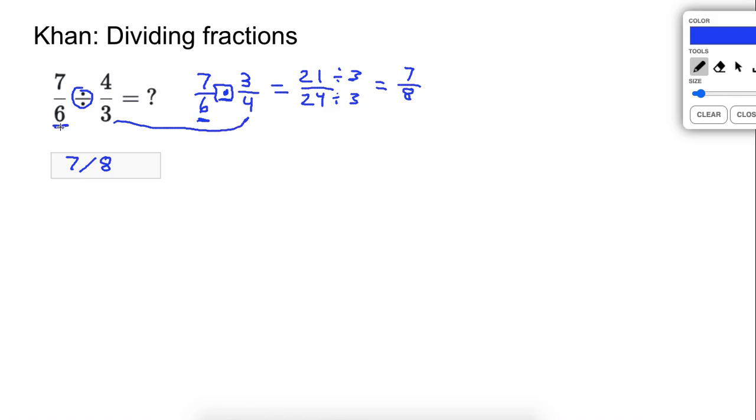So they say keep it, change it, and flip it. That's the way people remember how to multiply by the reciprocal. Keep the first fraction, change the operation, and flip the last fraction. But really what we're doing is we're multiplying by the reciprocal of the divisor, the one we're dividing by. But the first fraction stays the same, the sign changes, and we flip the second fraction.